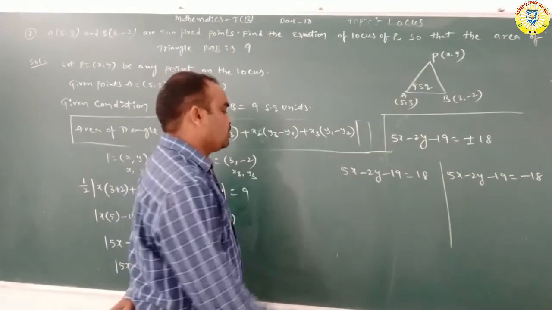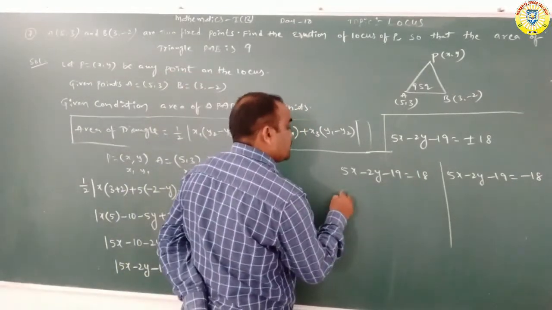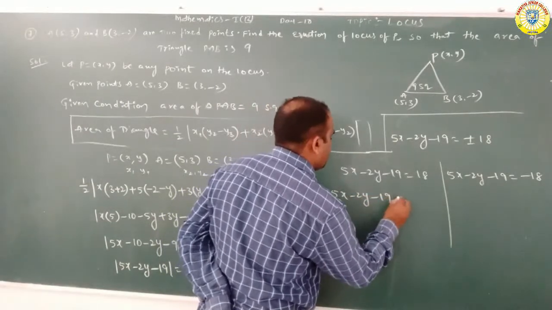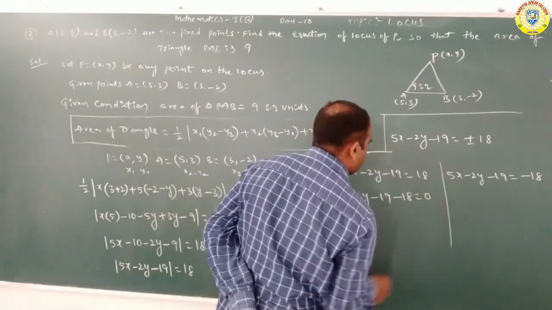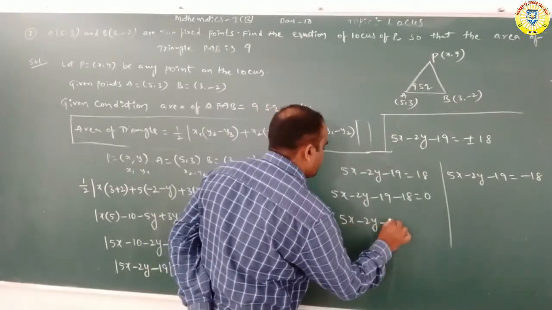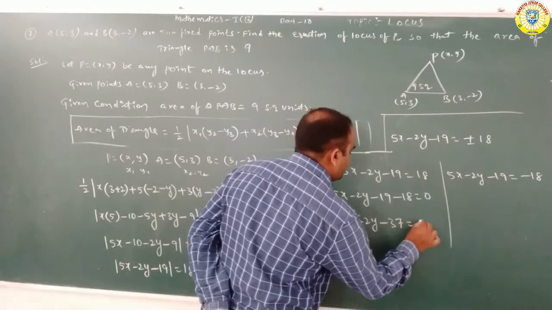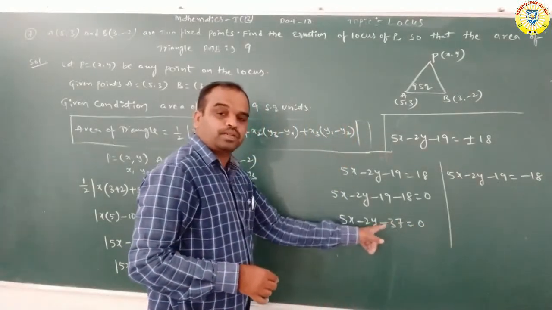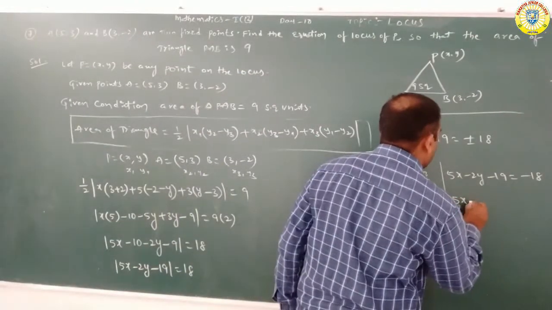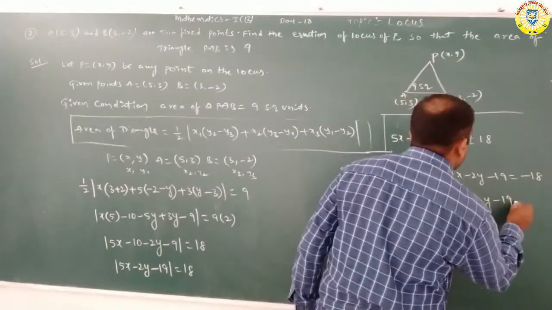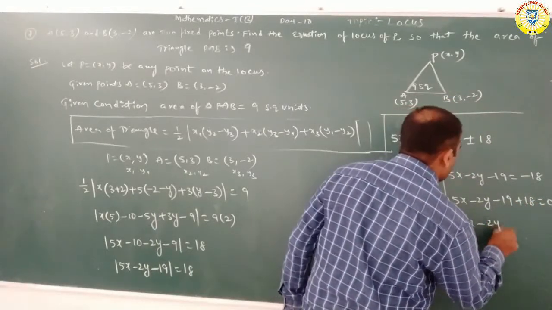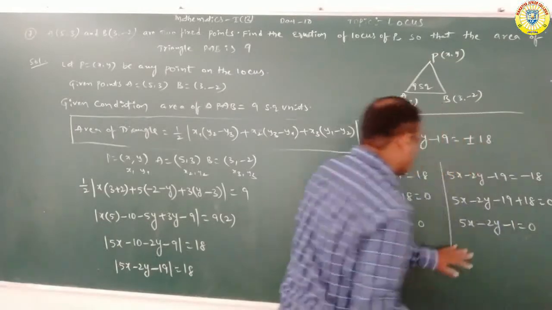Now simplifying this: 5x minus 2y minus 19 minus 18 is equal to 0, so 5x minus 2y minus 37 is equal to 0. And here 5x minus 2y minus 19 plus 18 equal to 0, so 5x minus 2y minus 1 equal to 0.